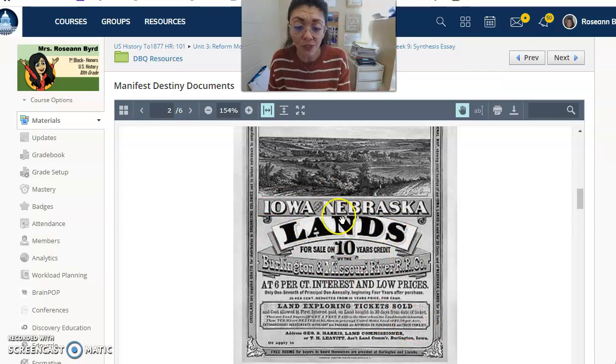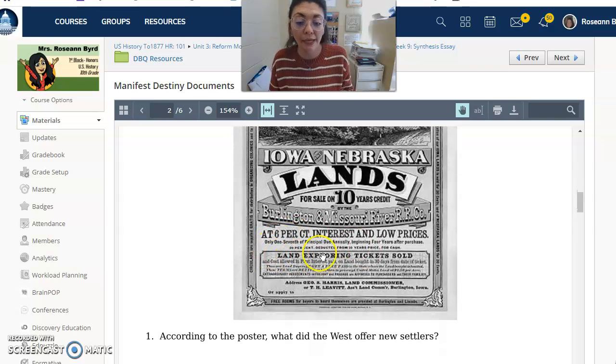Okay, but if you look at this, you see that you have incentives for people to come out west. You can buy land for sale on 10-year credit. So incentive, buying land on credit, an incentive to move out west. And even furthermore, land exploring tickets are sold.